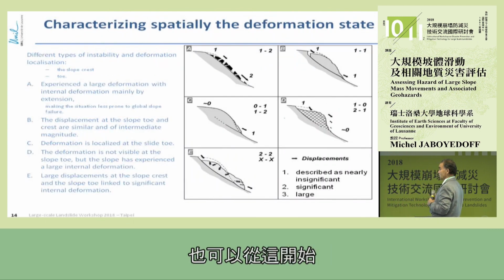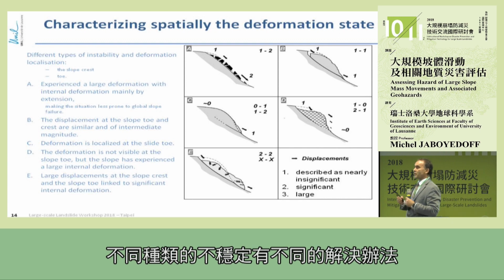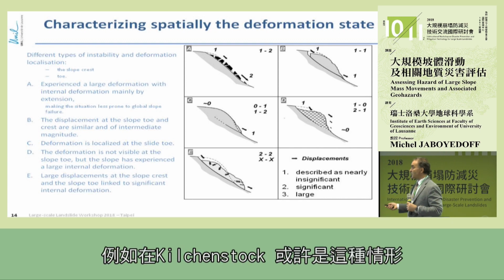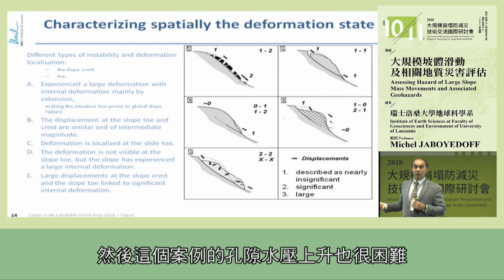Also, as you have seen with Kirchenstock, you have different types of instability. For instance, Kirchenstock is probably this case, where you have blocks that move fast but dismantle completely. Then rising water pressure in that case is very difficult.